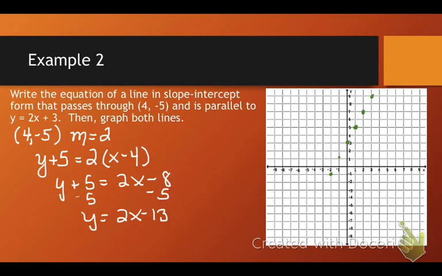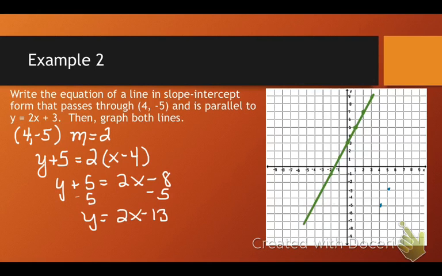Based on this, I'm going to graph both lines. The given line crosses the y-axis at 3 and has a slope of 2, so it looks like this. The equation of the line I just found has a y-intercept of -13, and since that's slightly off my coordinate plane, I'm going to use the fact that it went through (4, -5) instead, and count my slope from here.